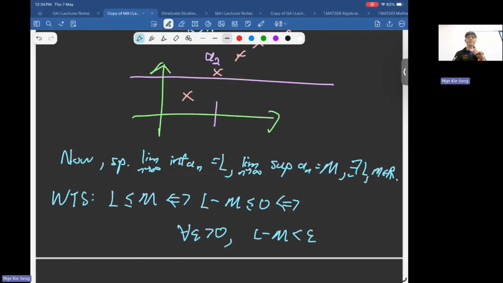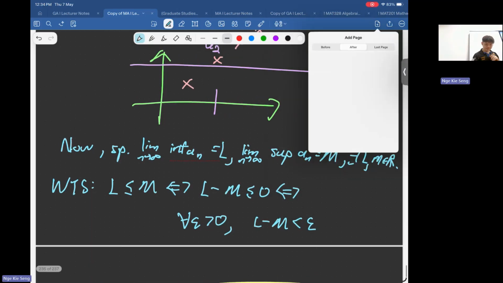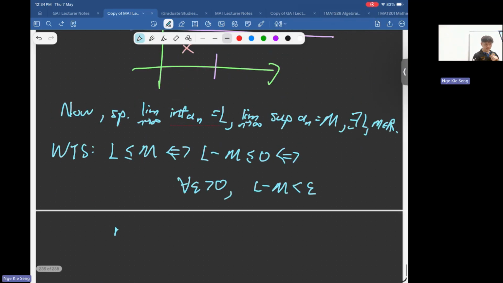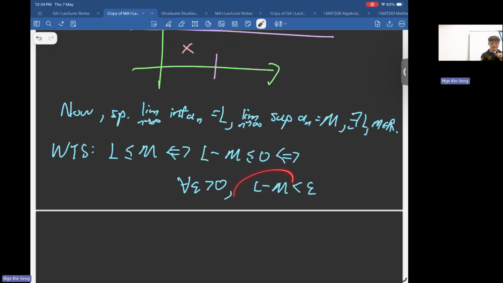Minimum of L, M? What do you mean? Use stuff to minus? Divided by? Okay. I mean I need to compute this difference. But what's your assumption here?